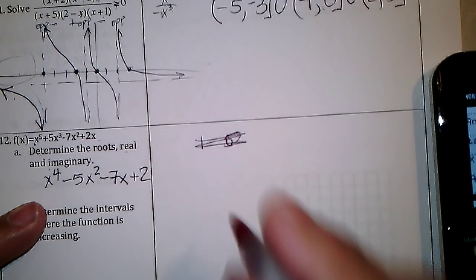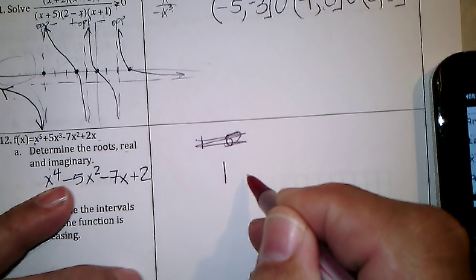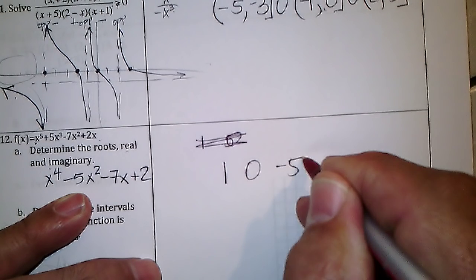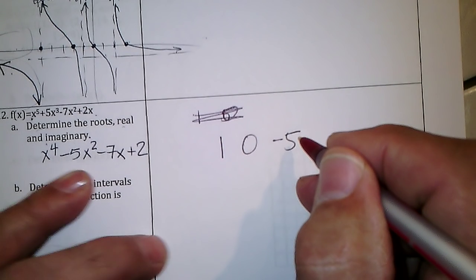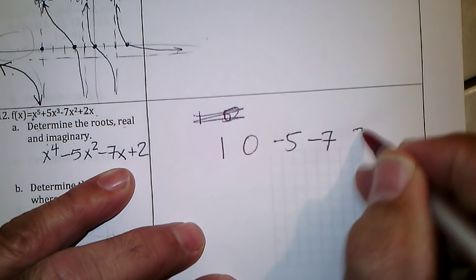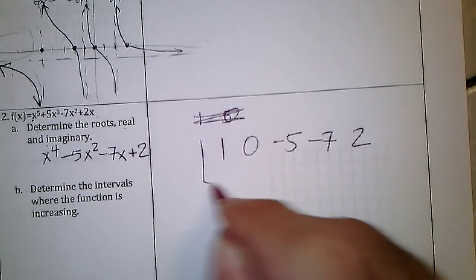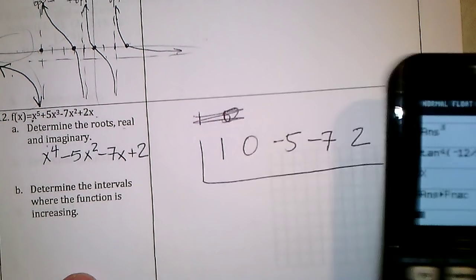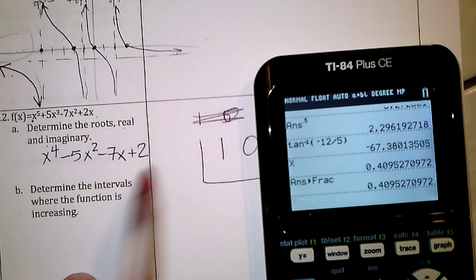So I'm going to have 1x to the 4th, 0x to the 3rd, minus 5x squared, minus 7x plus 2. Since I have such an ugly number, I have to do this with this ugly number.